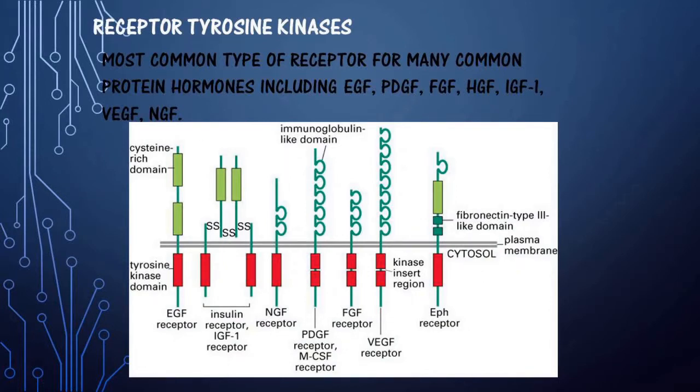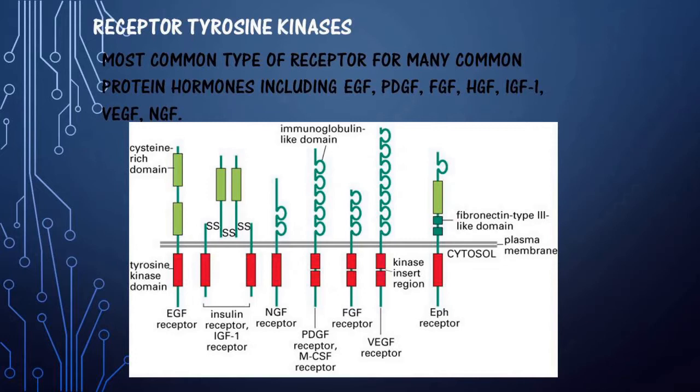It is the most common type of receptor for many protein hormones, including EGF, epidermal growth factor; PDGF, platelet derived growth factor; and FGF, fibroblast growth factor, and similarly all the growth factors. So the receptor tyrosine kinases are common for all the growth factor hormones.